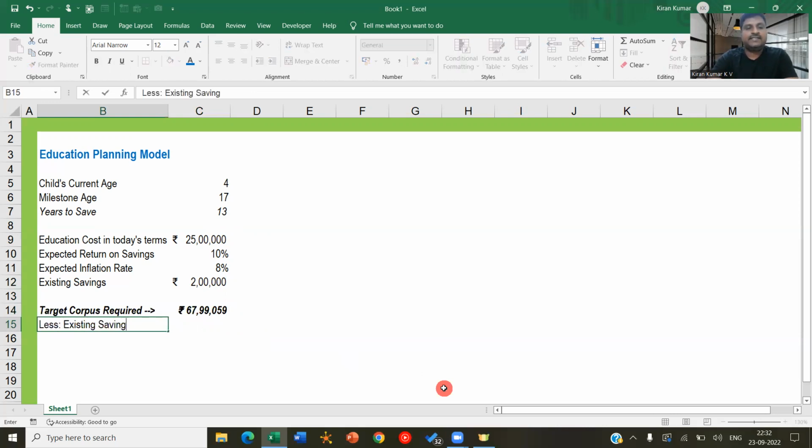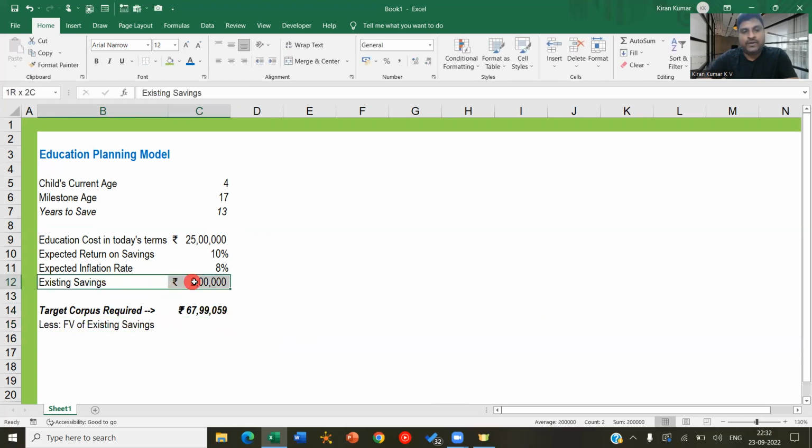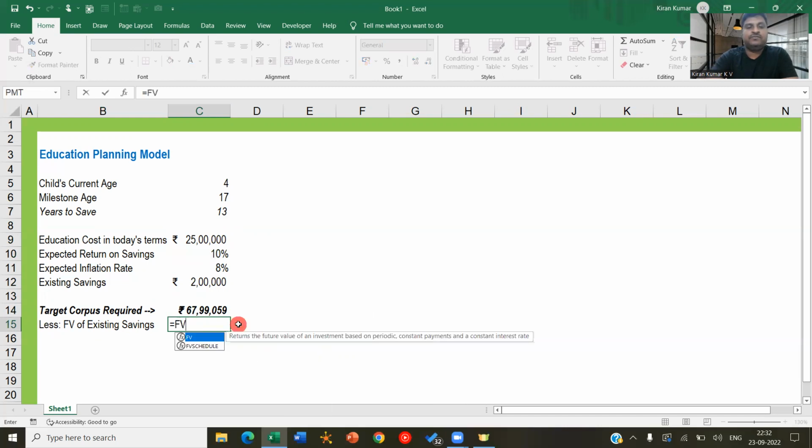So less existing savings required. Now here, instead of existing savings, I'll take the future value of existing savings because I have 2 lakh rupees as of today. And if I'm able to earn 10% on that, how much will I have after 13 years? So for that, again, I will put the function future value. This time I'll take the rate as 10%.